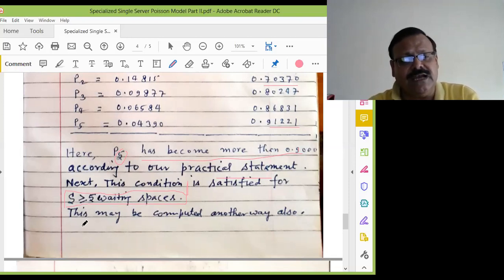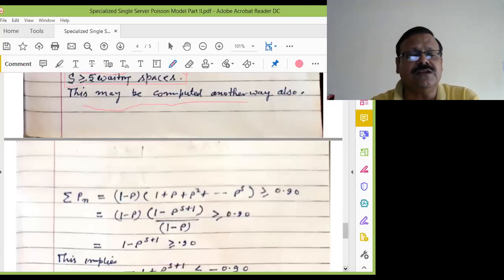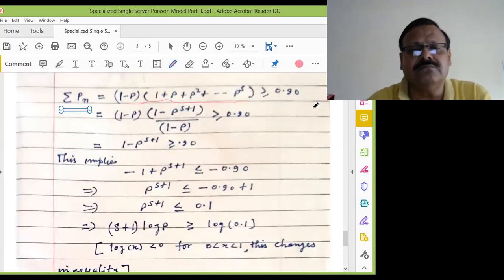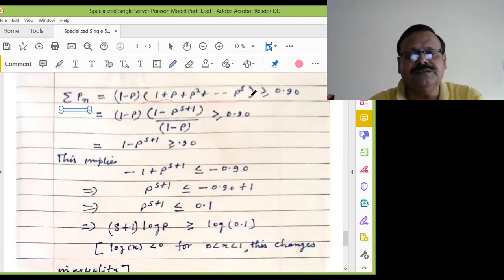So as another way we can also compute this. Here is one solution, another similar solution. Lambda, this sum over Pn, you have known this. By the geometric rule, this geometric series sum is equal to this.